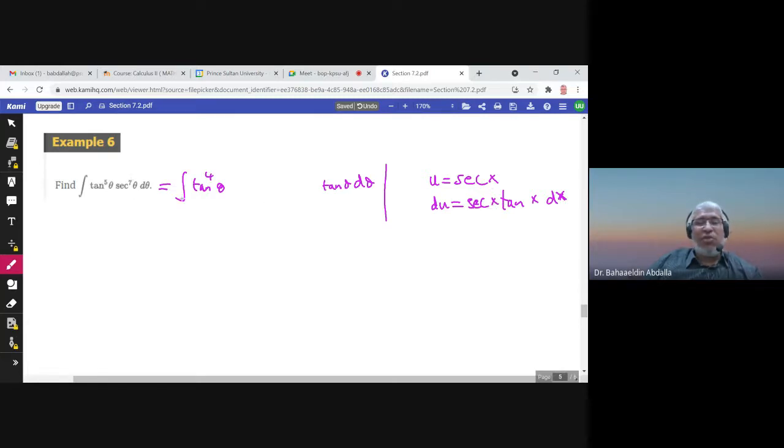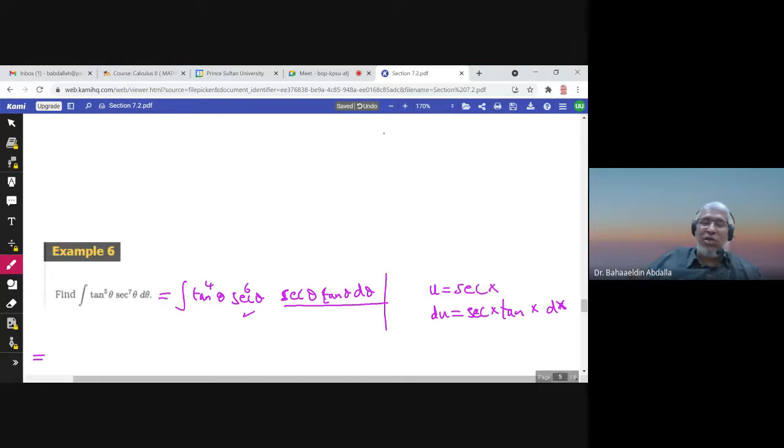So secant to the power 7, I take one secant and keep it here. And then I have secant theta to the power 6. So this one is good now. I can take it as du. Secant is good for me. I can take it as u, but I have problem with tan. So I should change tan to secant.